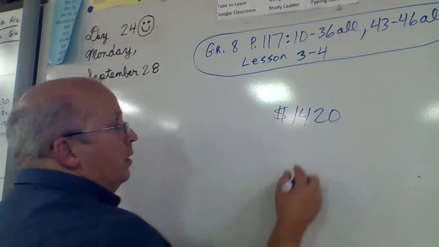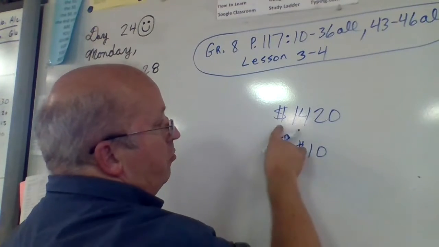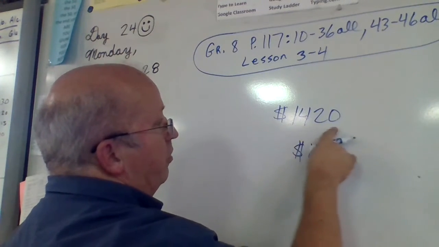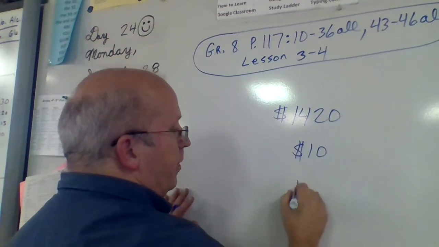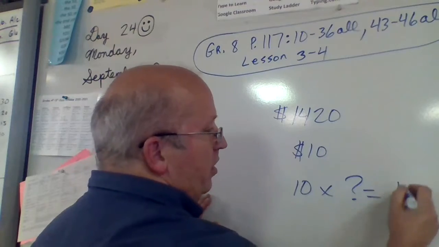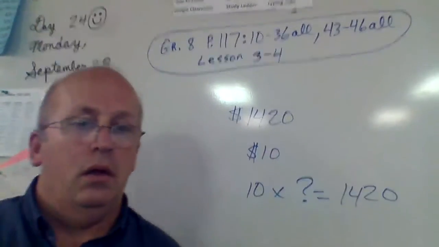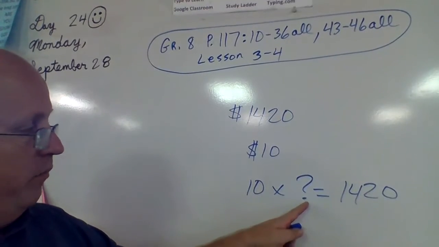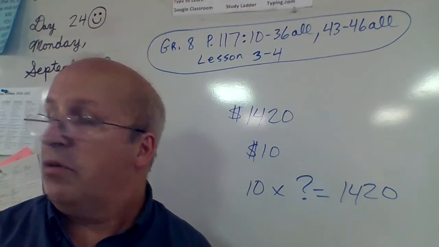Well, each meal is $10 apiece. She brought in a total of $1,420. What kind of math problem could we solve with this? How about 10 times an unknown amount of meals gets me to 1,420? An unknown amount of meals times 10 gets me to $1,420.